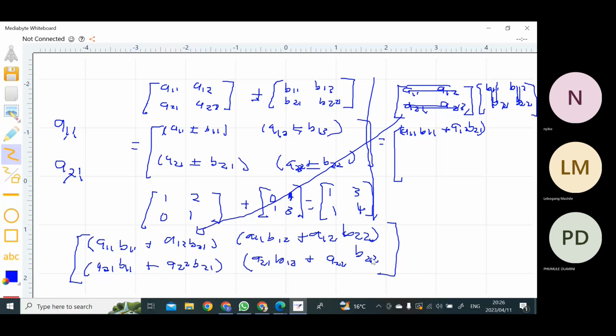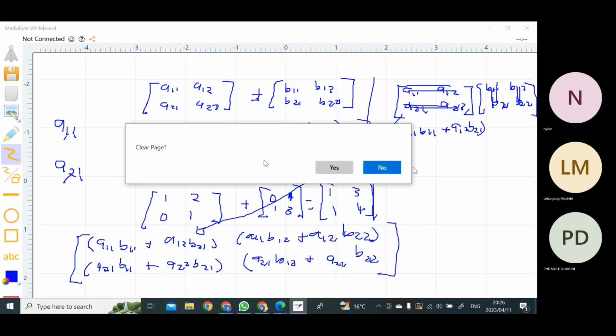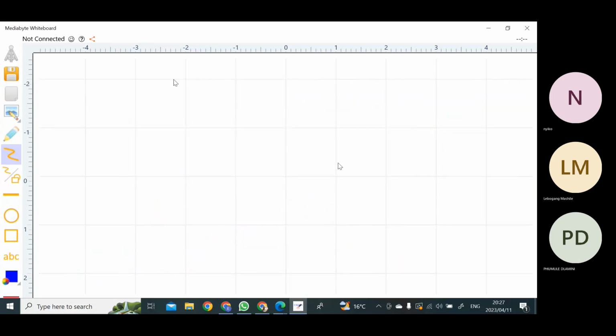So when we do a practical example of this, if I can give you, let's say, 1 0 2 1, and we are multiplying it with, let's say, 1 1 2 2.